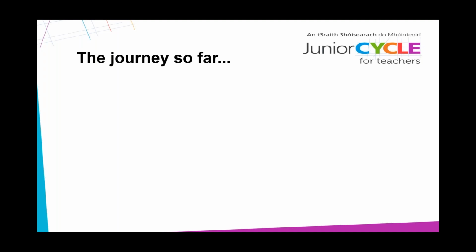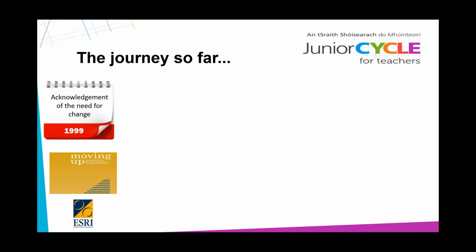Okay, so I suppose maybe to start off by looking at this concept of short courses, where did it come from and how did it come about, and maybe to look at the journey so far. So the whole idea and notion of a reformed junior cycle goes back quite a way now to 1999 and a large longitudinal study conducted by the ESRI, which looked at quite a large cohort of students as they moved through their education from the primary system right through the junior cycle years and indeed through their senior cycle years.